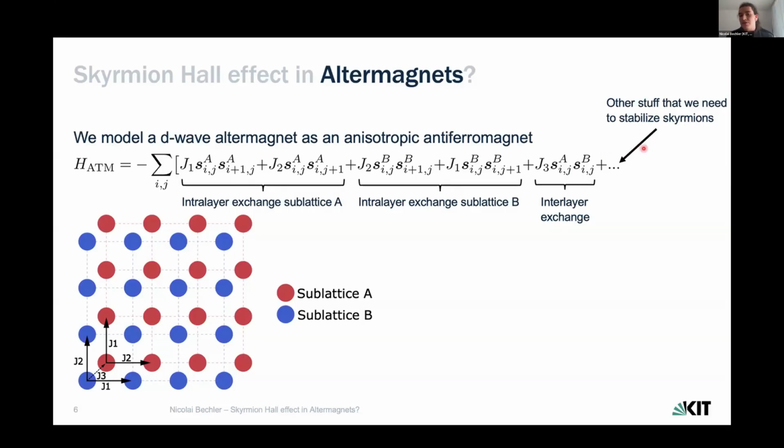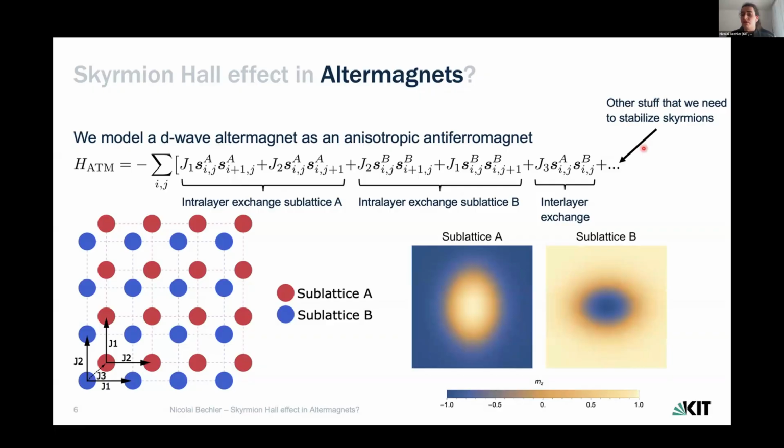And we have other stuff that we need to stabilize skyrmions, like DMI and anisotropy. And what does this do to our skyrmions? Well, first of all, the anisotropic exchange gives us elongated skyrmions in both sublattices, and the 90-degree rotational symmetry of the altermagnet gives us that in both sublattices, these skyrmions are rotated against each other.